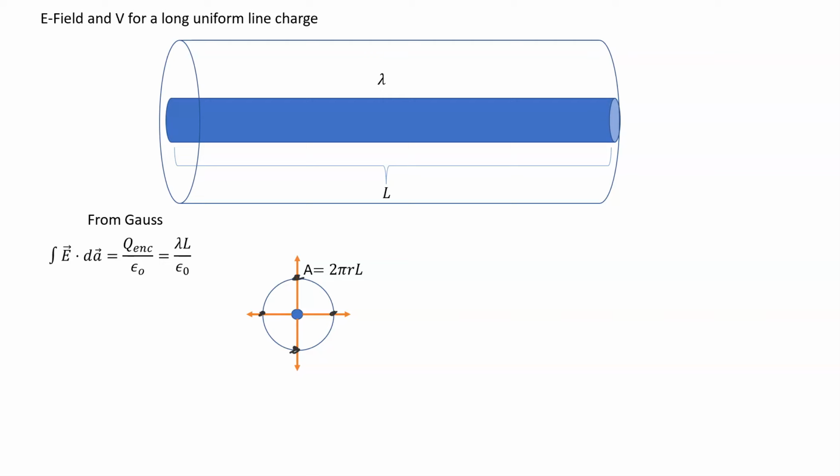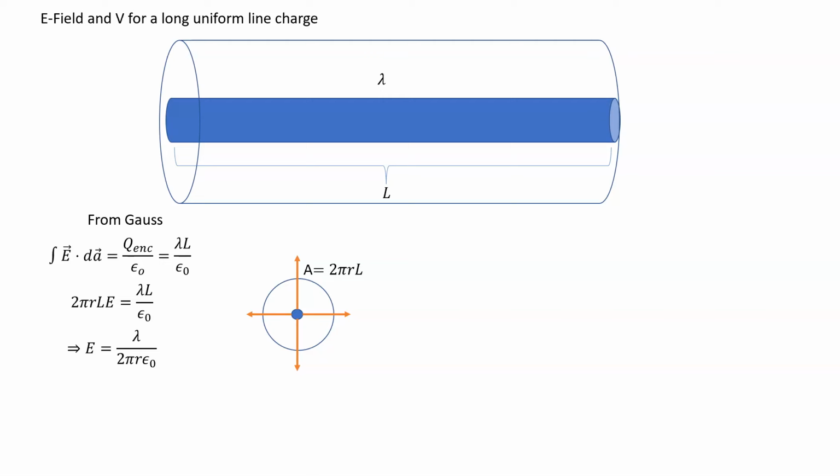So if you integrate over the surface, the E field is constant and it just becomes E times A. The area of a cylinder is 2 pi r times L. So that's EA, that equals lambda L over epsilon naught. And beautiful, we've gotten the electric field using Gauss's law.